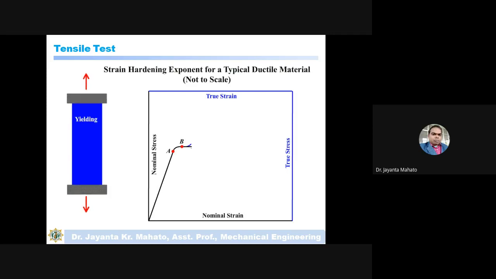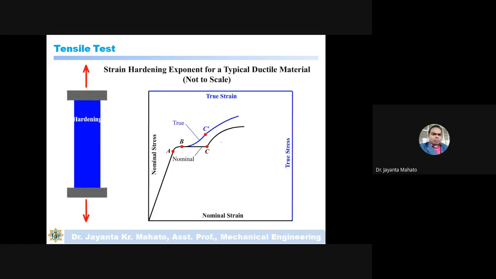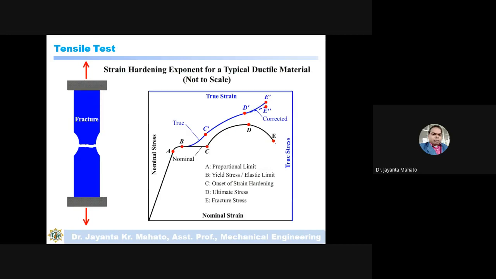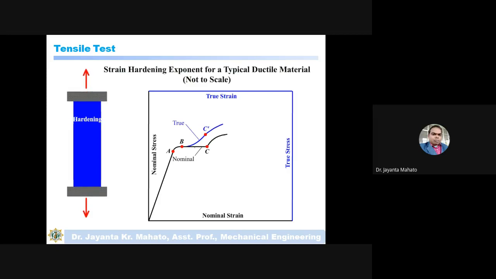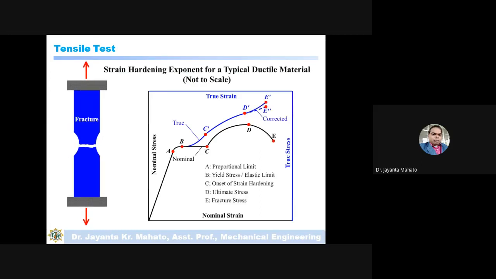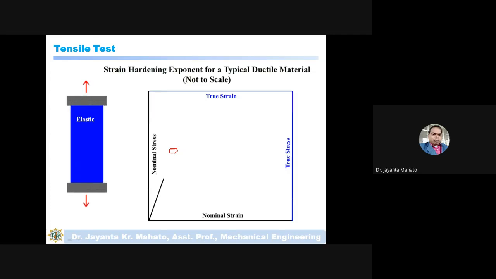This black color line is the stress strain curve of a material. As you increase the load, the material will elongate, or to elongate the material, more and more force is required. This F is the proportional limit, and after this proportional limit there is the yield point.